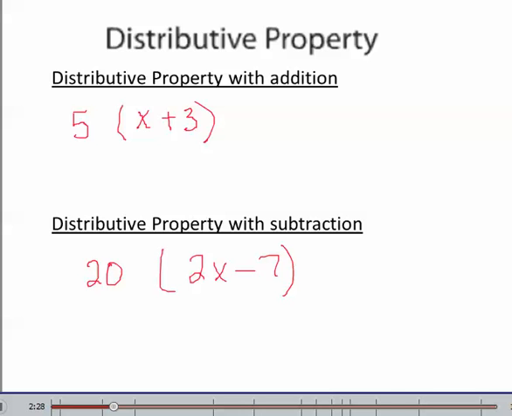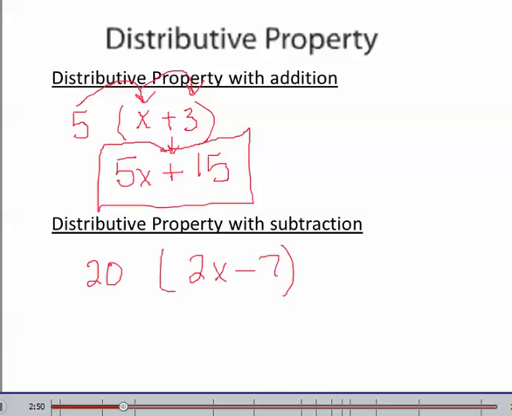In both cases, I would need to multiply twice. 5 times x, all we can really say is 5x. Just set it next to each other to say we're going to multiply. 5 times 3 is 15. How do I know what sign to put in between them? The one I start with. So I had a plus sign, I still have a plus sign. There's my simplified version, and don't make the mistake of adding those two terms together. They are not like terms, they don't add together.